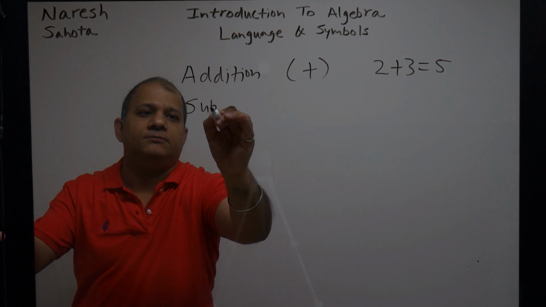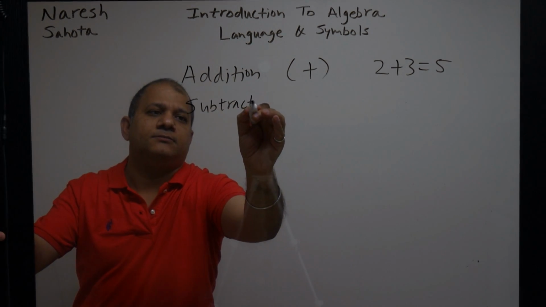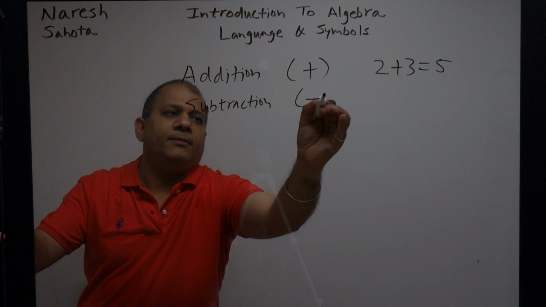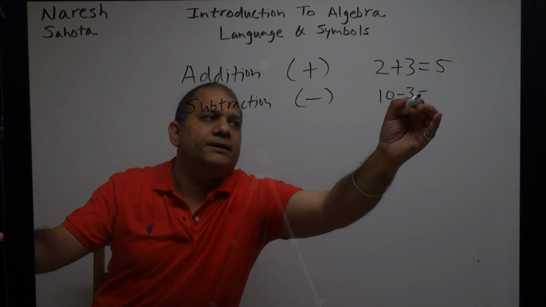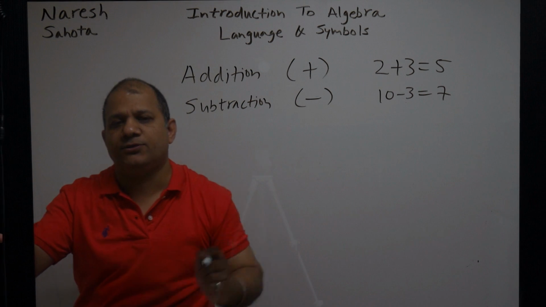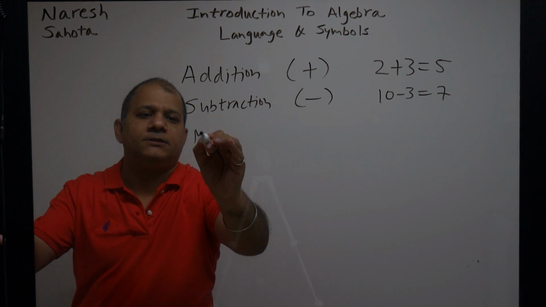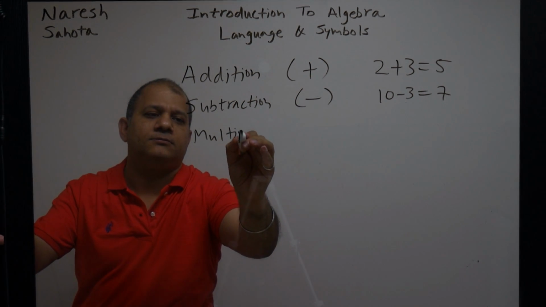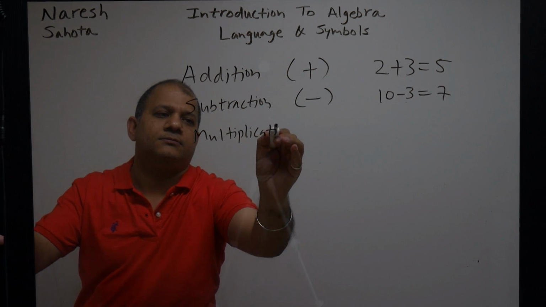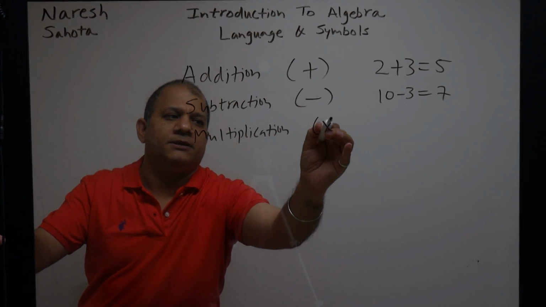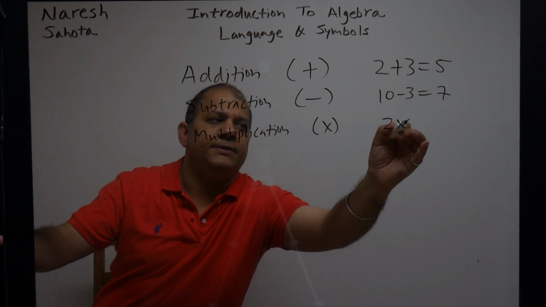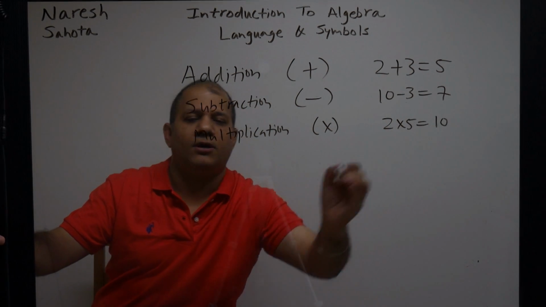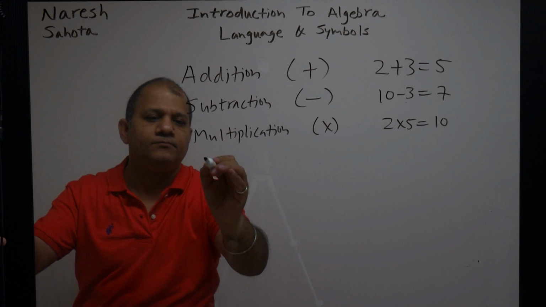Next, subtraction, and the mathematical symbol is minus. So 10 take away 3 is 7, or 10 minus 3 is 7. Next, multiplication. The mathematical symbol is times. So what's the product of 2 and 5? That means 2 times 5, and the product is 10.